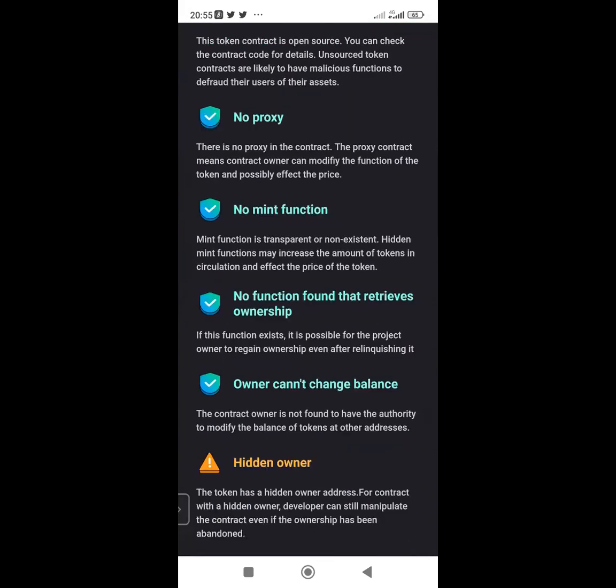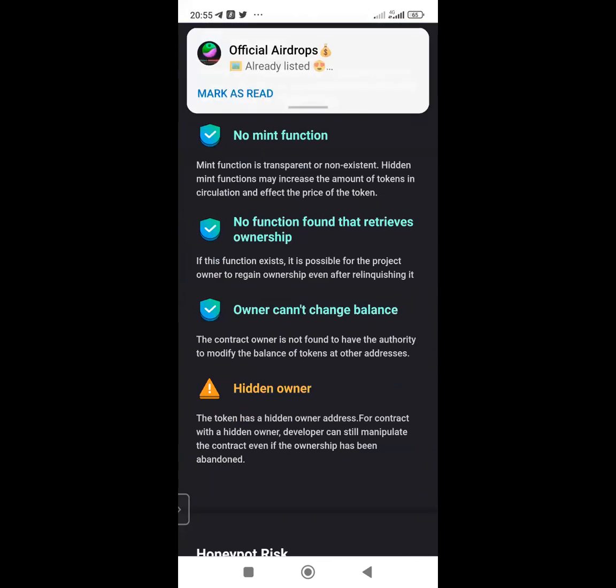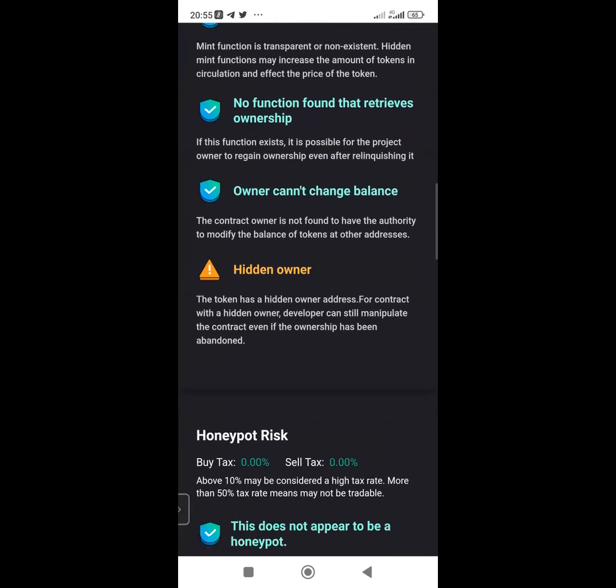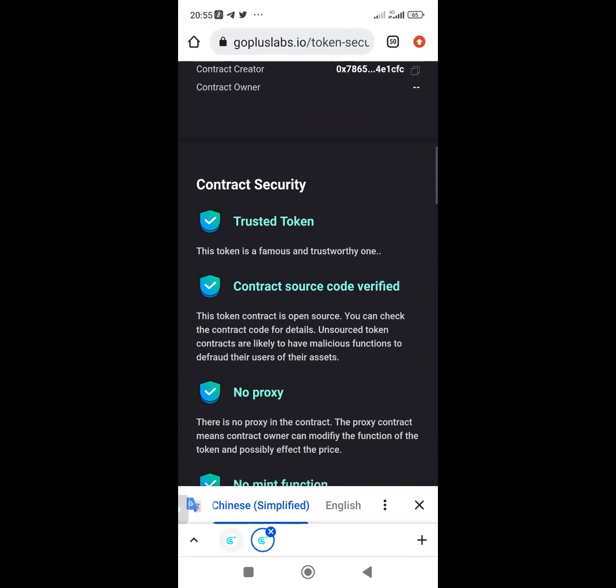No function found to retrieve ownership. See, they did not create any code in any way to come and change the owners of the project. The owners cannot change balance. These are most of the ways people steal money.